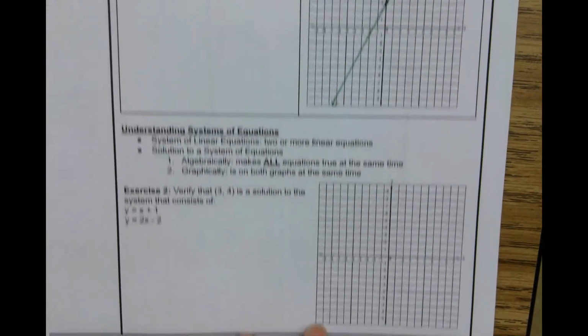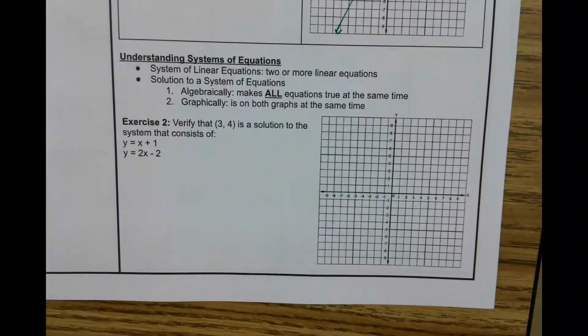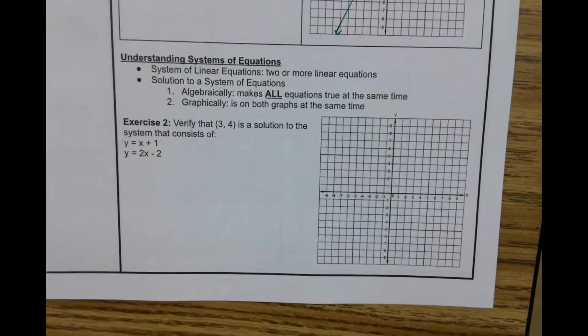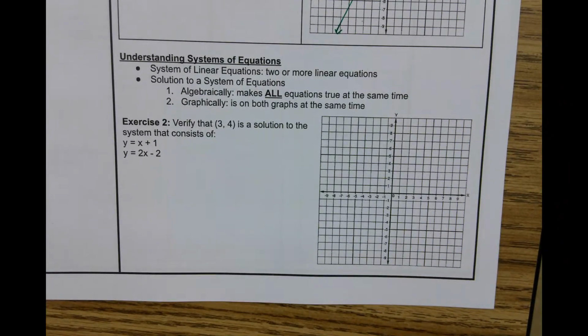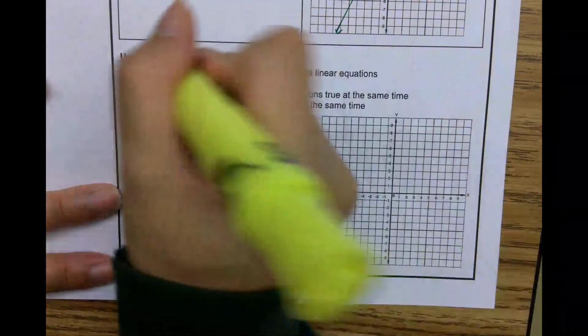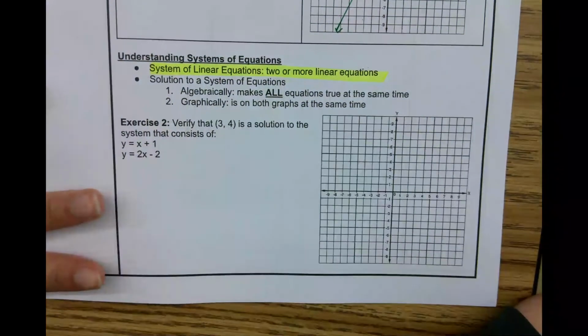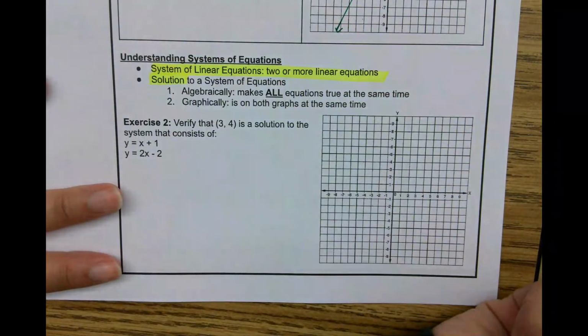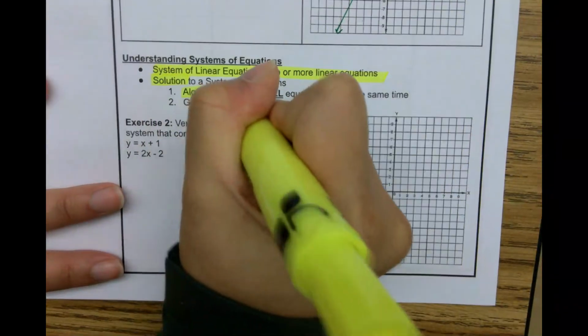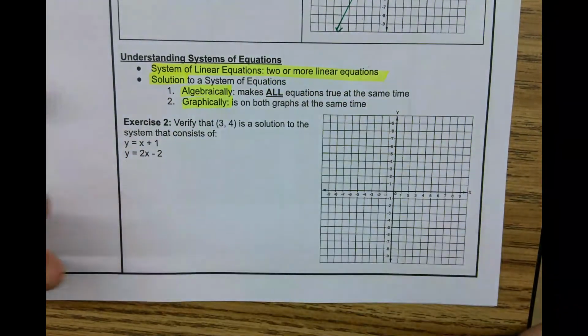Now here, the difference is that we have a system of equations. Understanding systems of equations, a system of linear equations is where we have 2 or more linear equations. The solution can also be thought of algebraically and graphically.